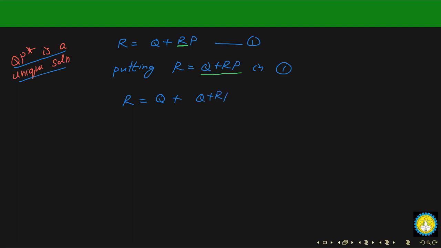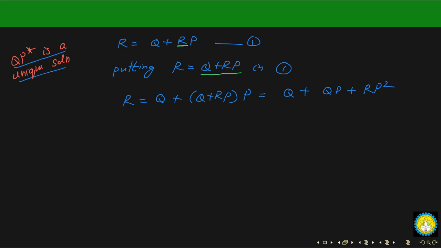So what we get here is R equal to Q plus RP into P. If you concatenate this, it becomes Q plus QP plus RP squared. Now again apply the same thing.